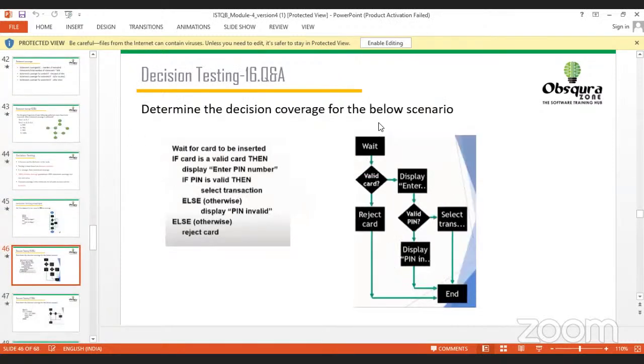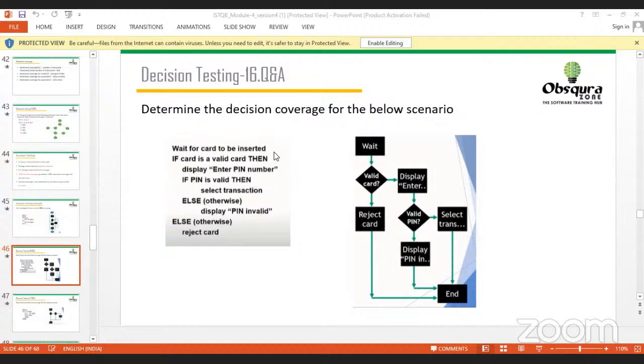Now, what is the same example for decision coverage? How many paths will it be, considering the branches? Yes, correct. 3 only. I think everyone is on the same pace.